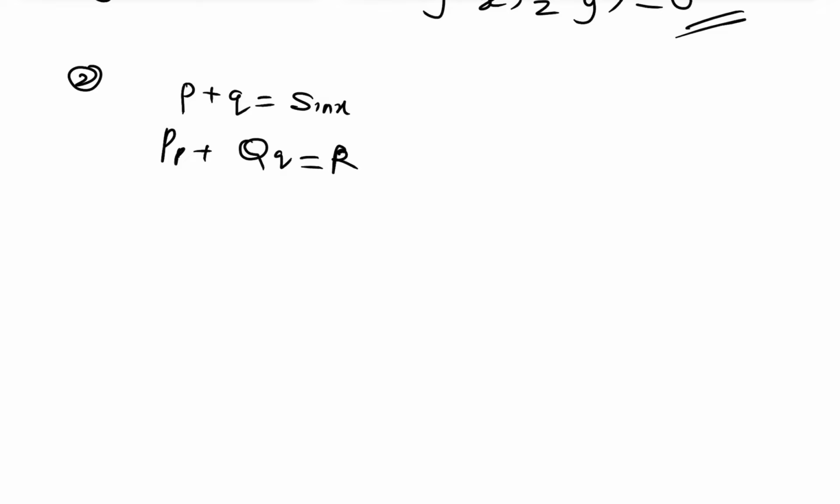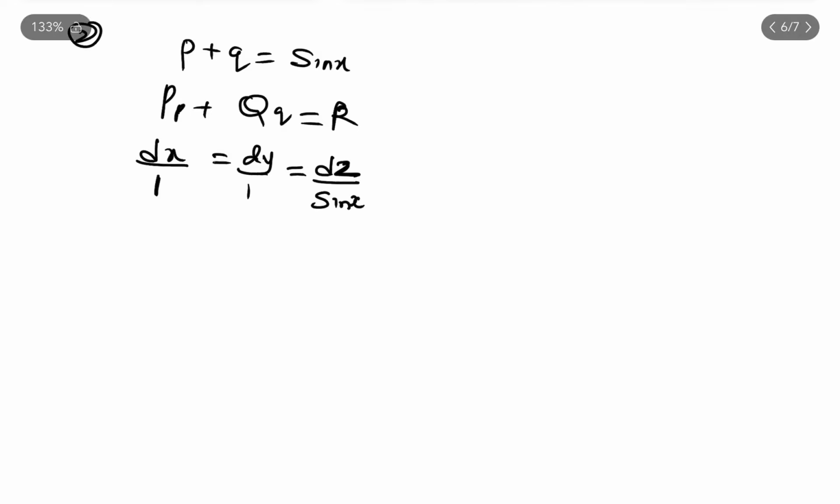So this is still in the Lagrange form, so we can solve it that way. Our dx over the coefficient of p, which is 1, equals dy over 1, equals dz over sine x.